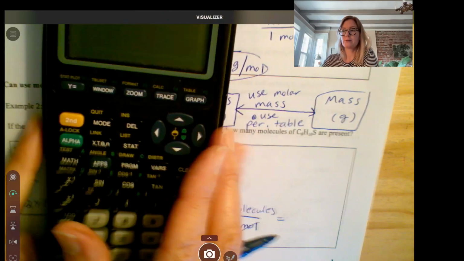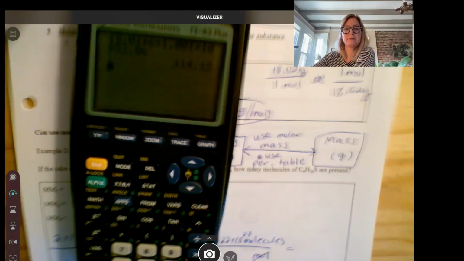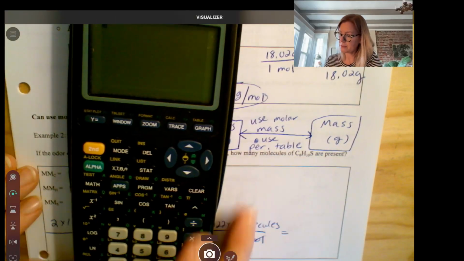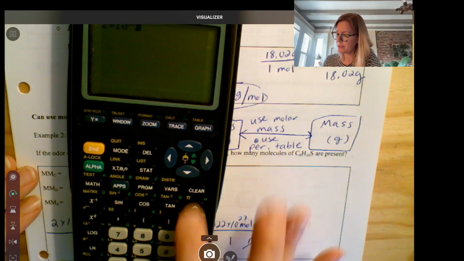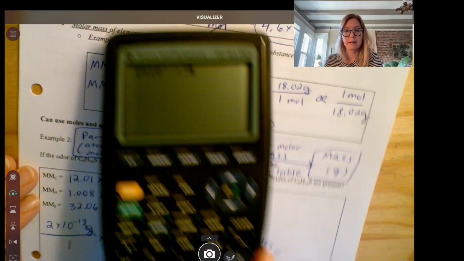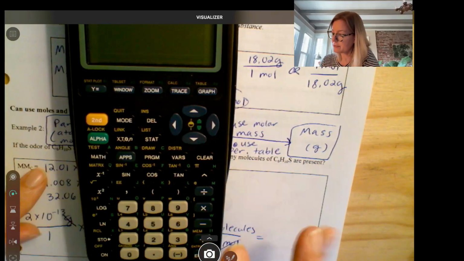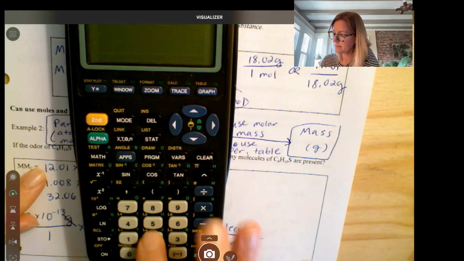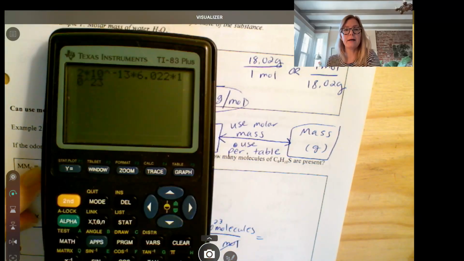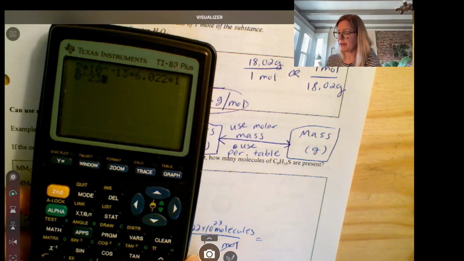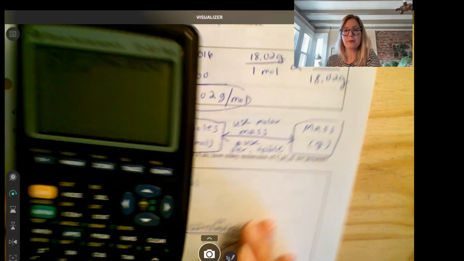I'm going to zoom out here so you can see a little bit better what I'm typing in. So I'm going to do 2 times 10 to the negative 13th, and then times 6.022 times 10 to the 23rd, okay? And then what I'm going to do is just divide that by, and then I'll do everything on the bottom.